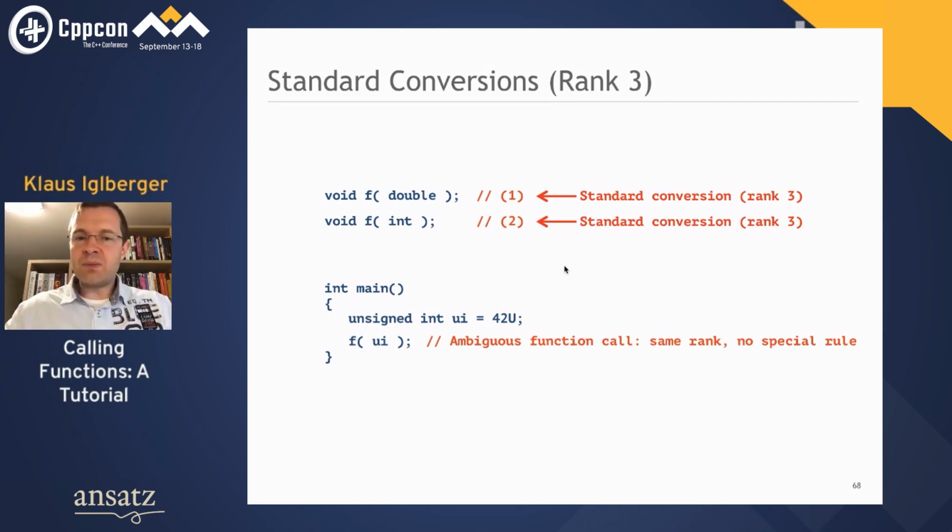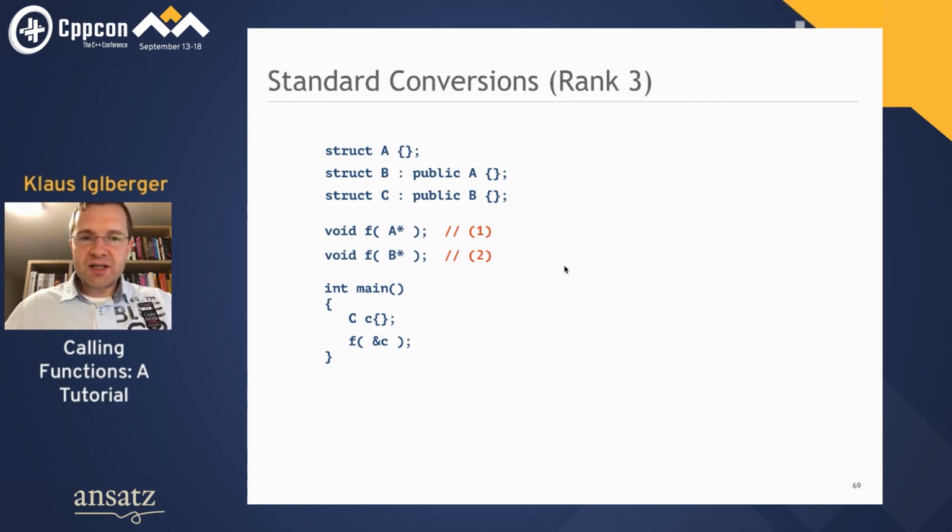This will again be an ambiguous function call. Same rank, no special rule to keep them apart. So standard conversion, even if it is an integral to integral, is not better than any other kind of conversion, which is again something that is supposed to protect you from unfortunate conversions.